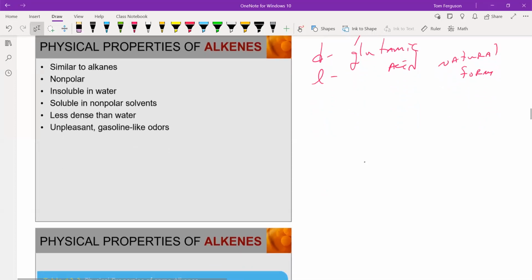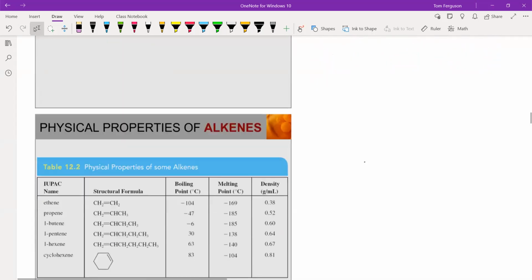As far as physical properties of alkenes, they act almost the same as alkanes. You know, they're non-soluble in water. They're not particularly polar. Solvents like gasoline, pentane, etc., are very soluble in those, and they float on water, meaning they're less dense than water, and they smell like gasoline.